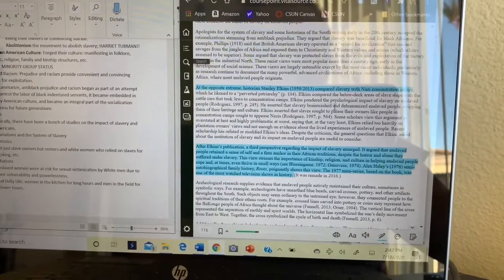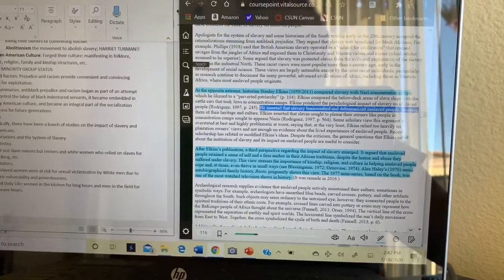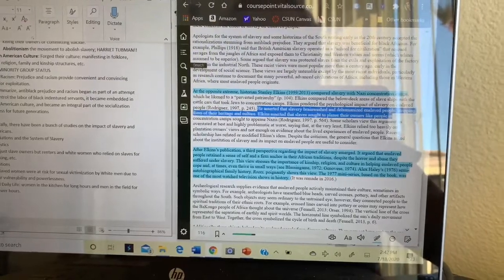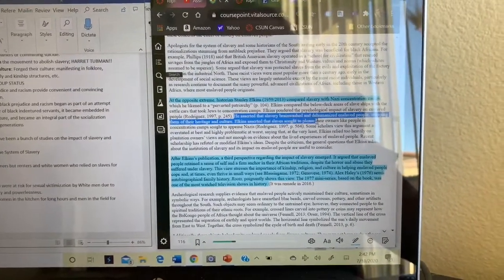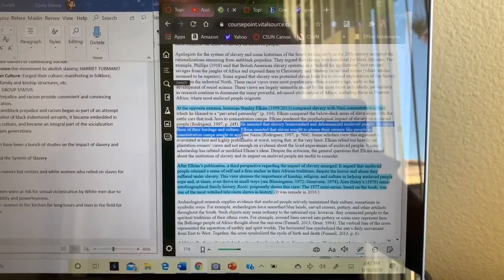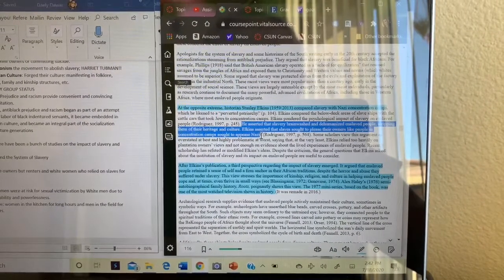Stanley Elkins asserted that slavery brainwashed and dehumanized enslaved people, stripping them of their heritage and culture. He asserted that slaves sought to please their owners like people in concentration camps sought to appease Nazis.